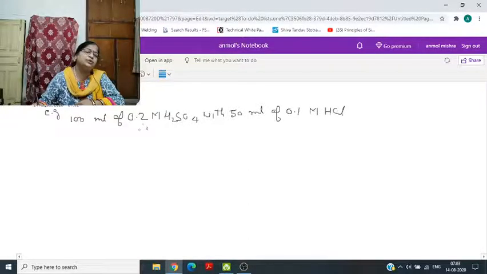Now solutions of different molarity are mixed together. So what will be the molarity of the resulting solution?